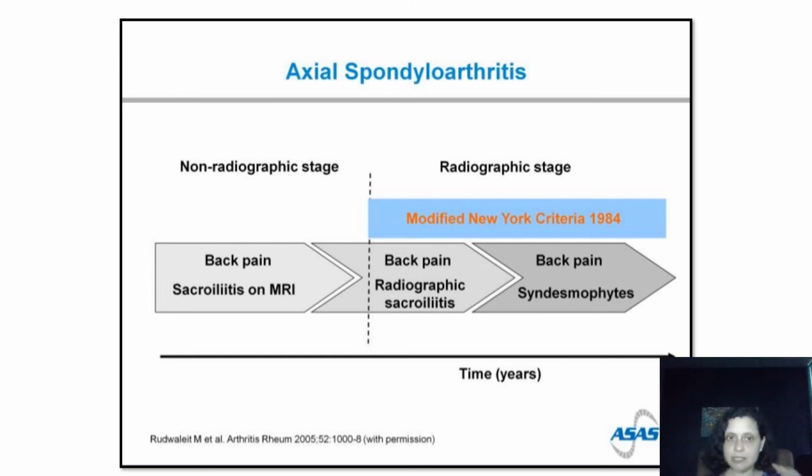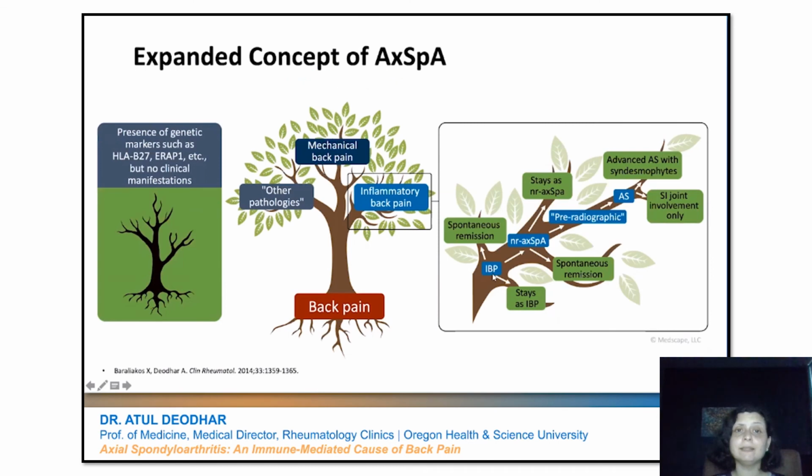Further, axial spondyloarthritis can be broken down into 2 parts, right? Radiographic, that means there are changes on the X-ray, and then the other is non-radiographic, when you can see changes on the MRI. I think this is a great summary slide for us to go over.